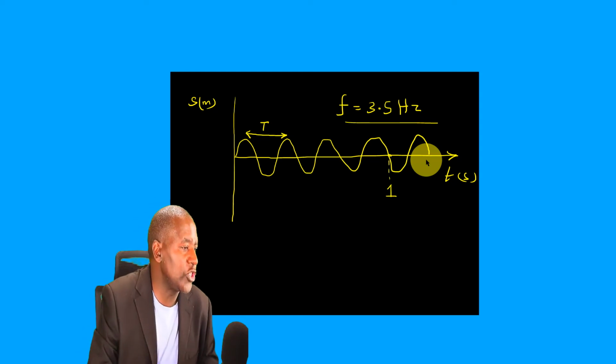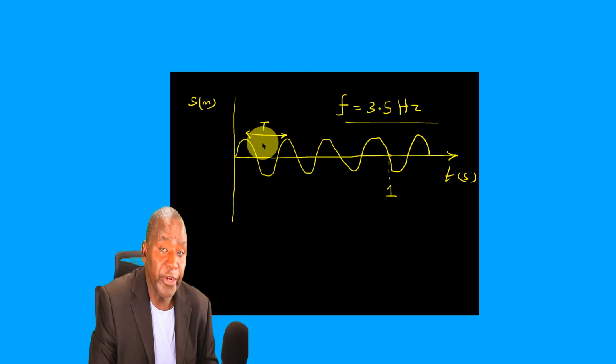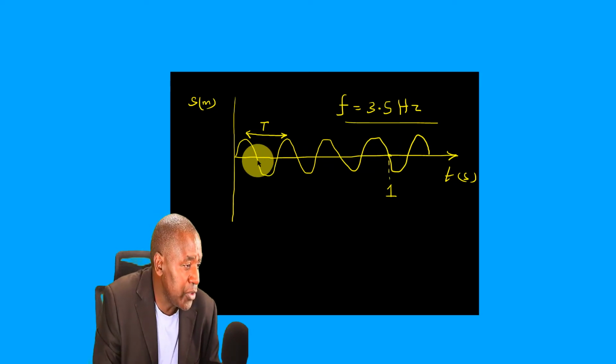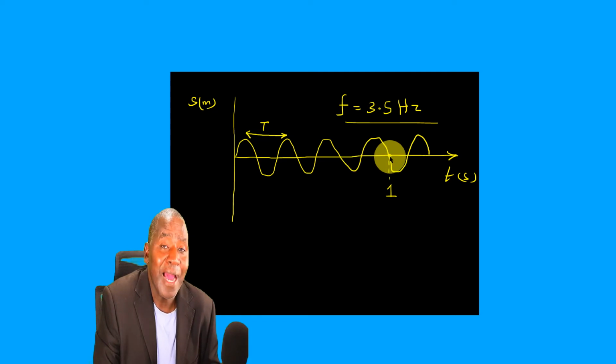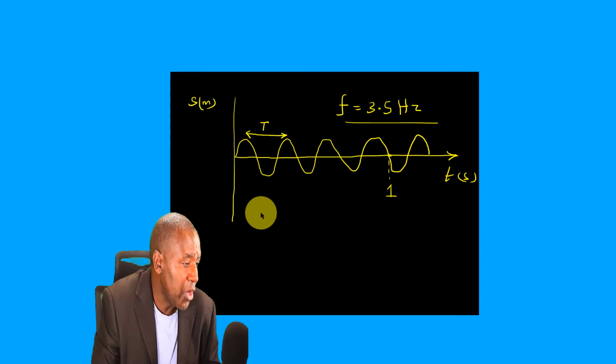Now there is a relationship between frequency and periodic time. This one is a period, this is another one, this is another one, and this is half a period. So from here to here is T plus another T, that is 2T, plus another T, that is 3T and a half. So we have 3.5 T in 1 second.